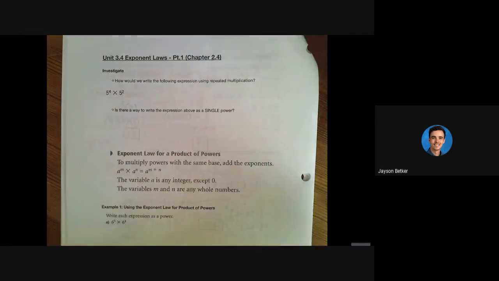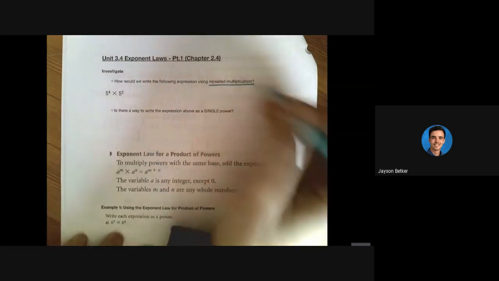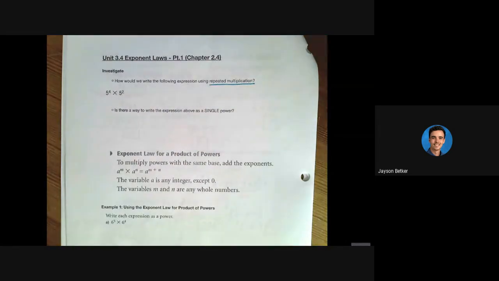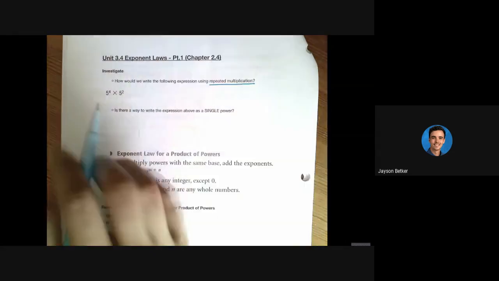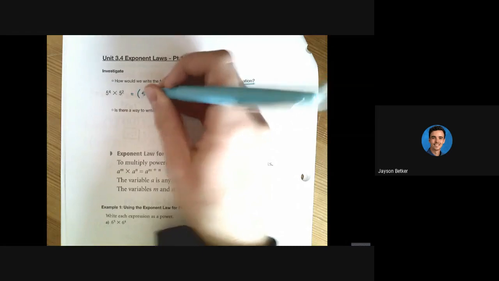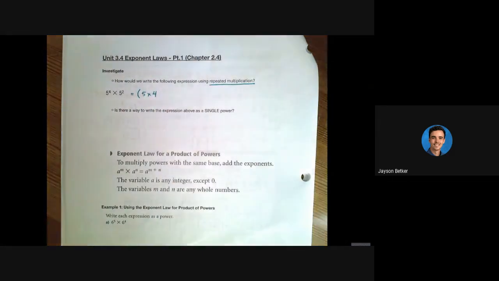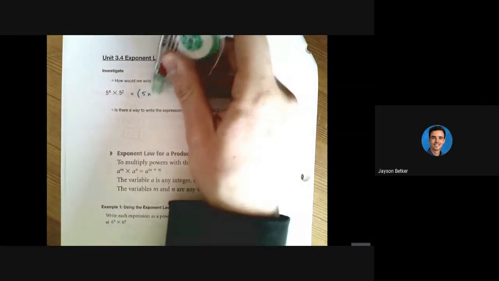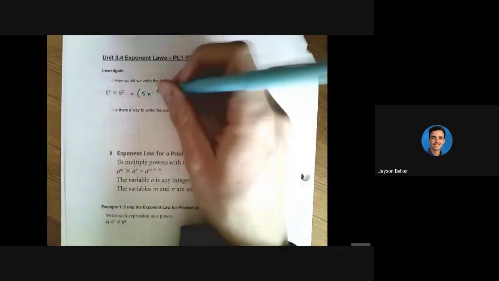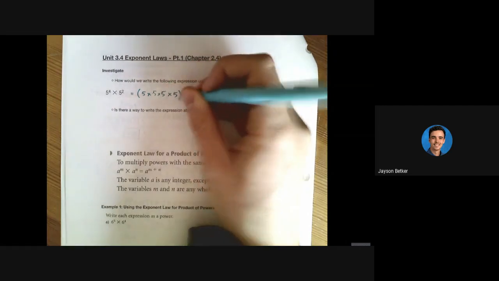If I write out 5 to the 4 times 5 to the 2, and I do what it says here, which is to write it out as repeated multiplication, I'm going to see something really interesting. 5 to the 4 looks like this: 5 times 5 times 5 times 5.